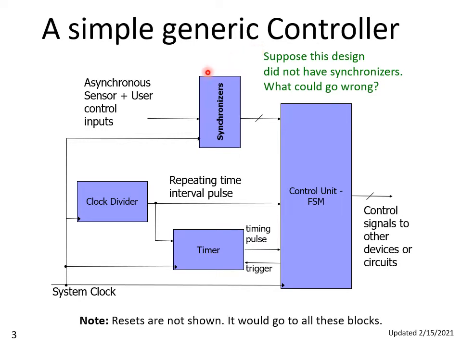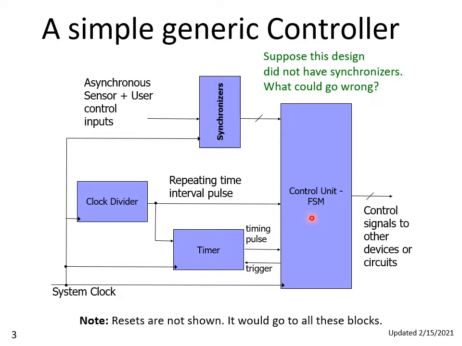Well, in the absence of synchronizers, if an input happens to arrive too close to a clock edge, causing a setup or a hold violation on the state register in the state machine, you could send the state machine into some unpredictable state. And if the state is unpredictable, it means that the control signals that it's sending to various devices will be unpredictable.